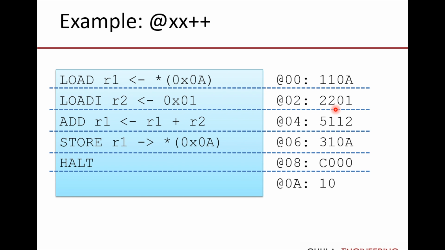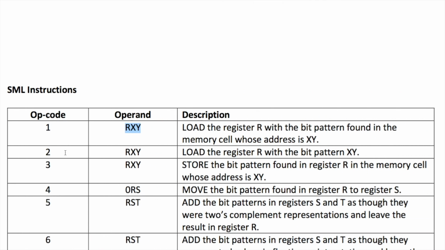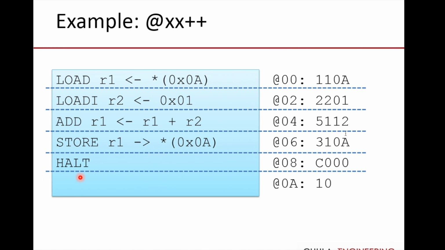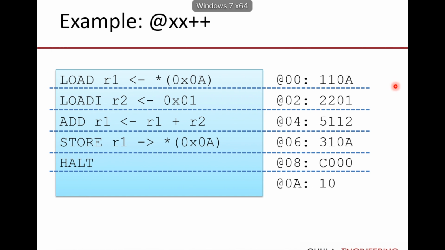And then the next instruction is 2201. Its opcode is 2 and the operand is 201. Opcode 2 is load register with a bit pattern XY, which means we will load the value XY into register R. In this case, we will load the value 01 into register 2. You see that this is different.